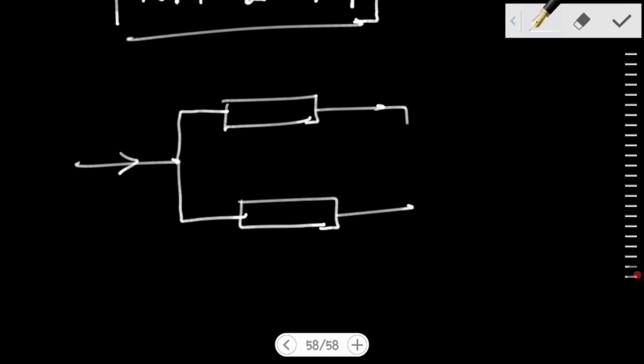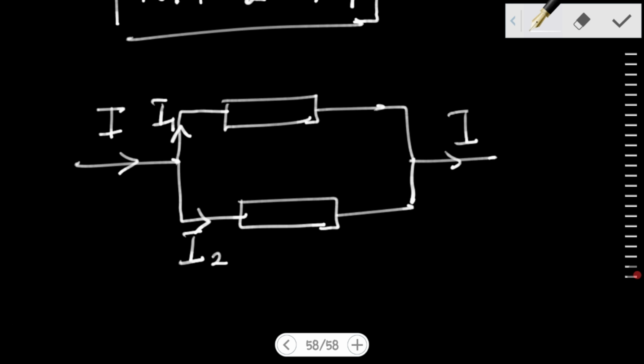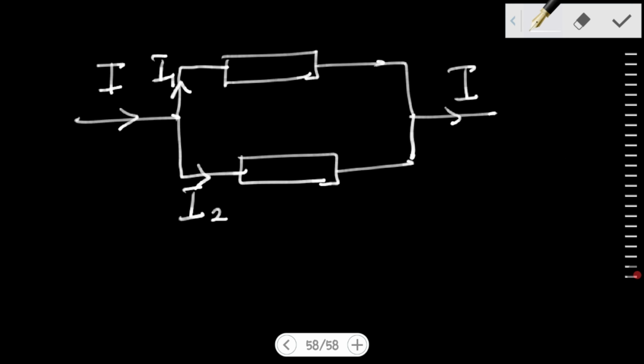As current comes in, this is the total current, and it divides. Here we shall have I1, and at this point current will flow through this, and this will be I2. But as current reaches this point again, we shall have the total current, which is the result of I1 plus I2.